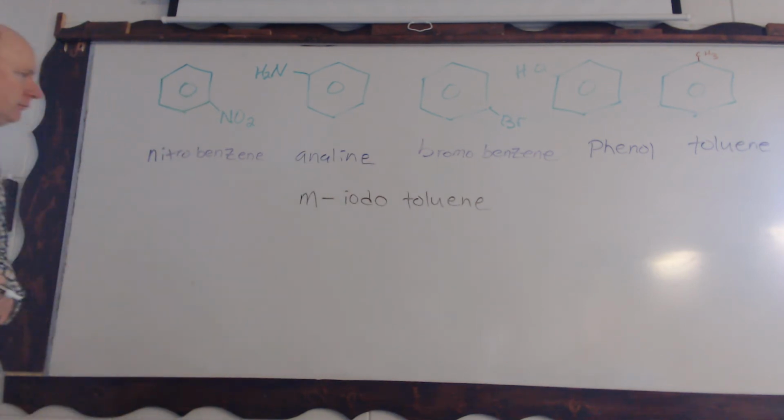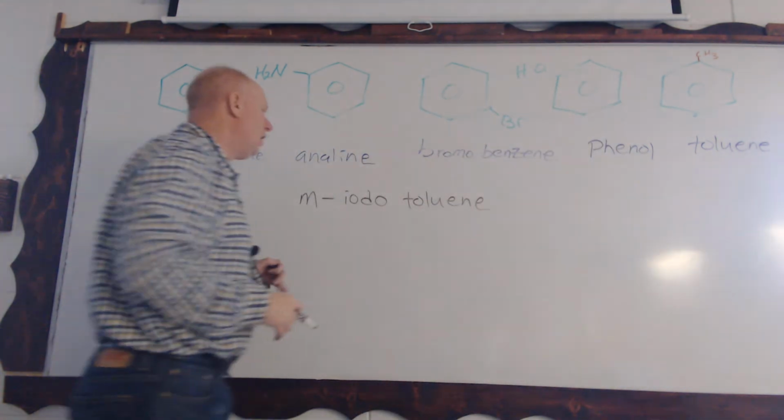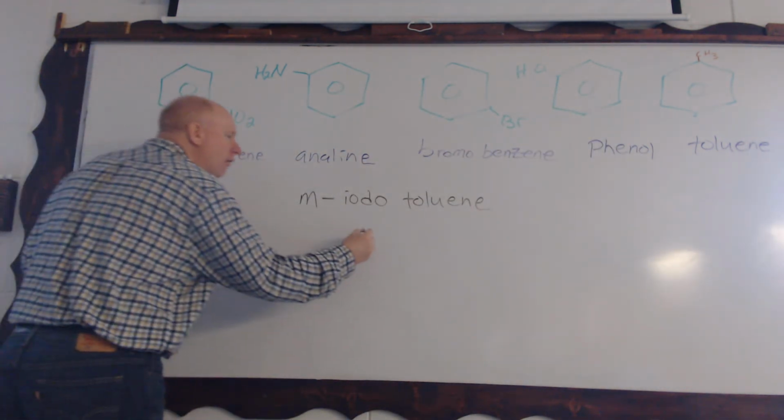So we already know that we've got this common name up here. How would we draw meta-iodotoluene? Well, we already know that it's a benzene.